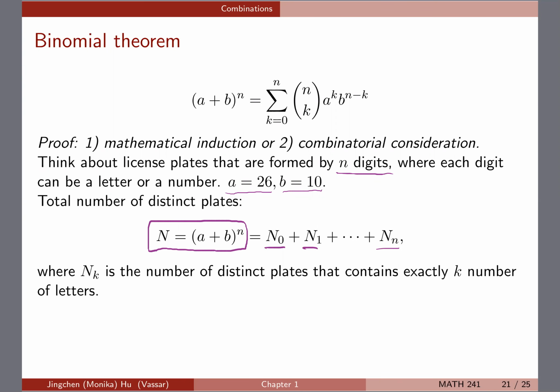Capital N_k is the number of distinct plates that contain exactly k letters. So k relates to a equals 26 because it's talking about the letters, and n minus k relates to b equals 10 because those will be the remaining choices for the numbers, 0 to 9.